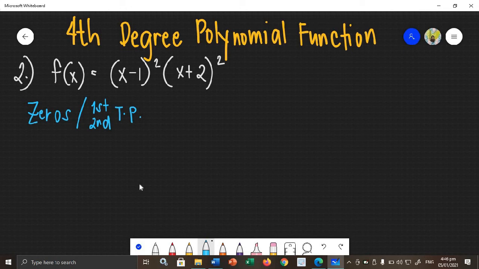By the way, we will look for how many turning points if the given is a fourth degree function. So we will look for 3 turning points. So ayan, meron na agad tayong first and second turning point, which is the value of the zeros or the X-intercept. And then we will solve for the Y-intercept, which will serve as your third turning point.